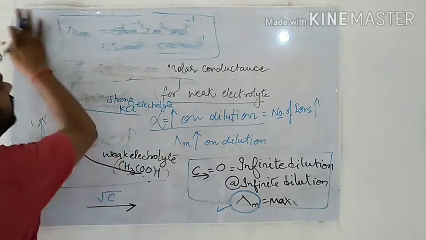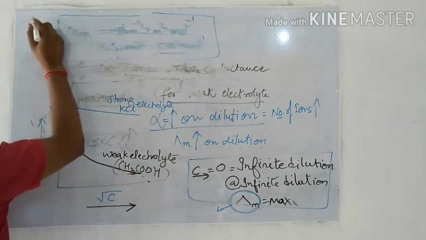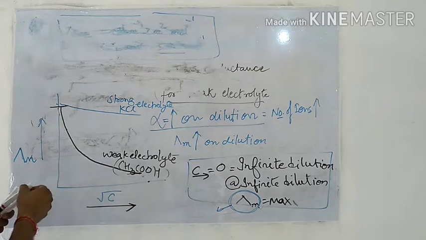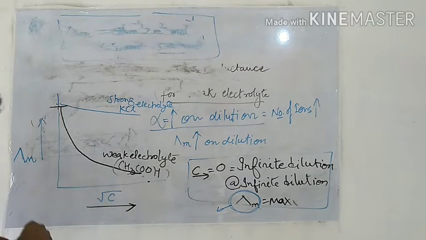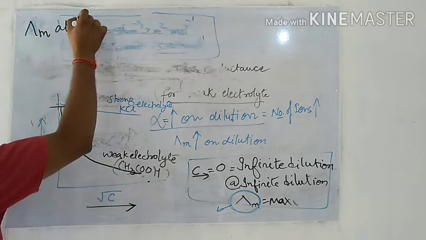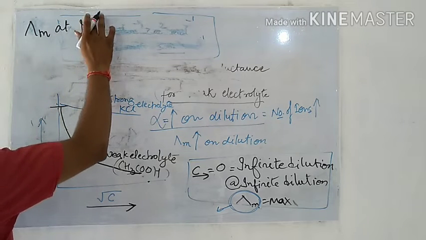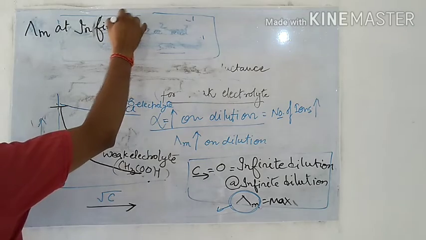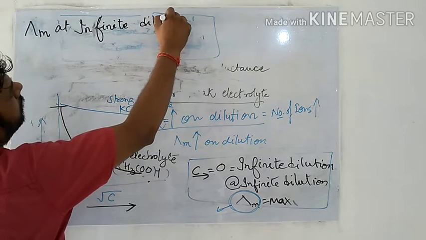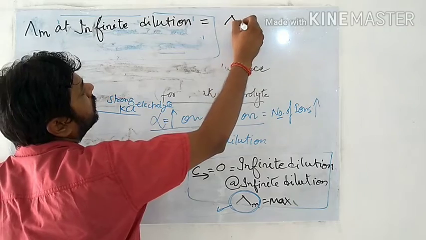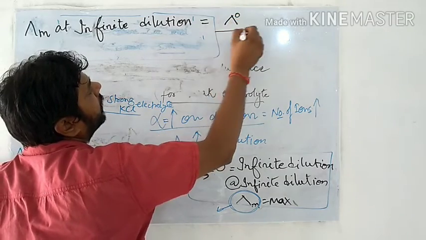So you can write here that lambda m at infinite dilution is equal to this one, lambda naught.